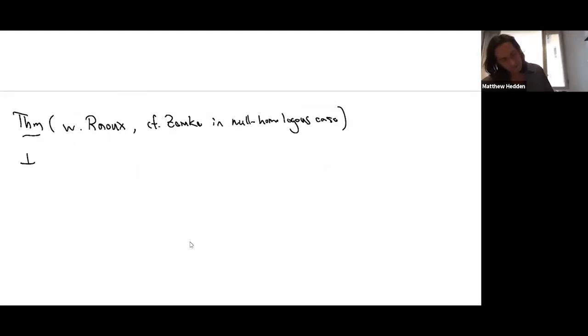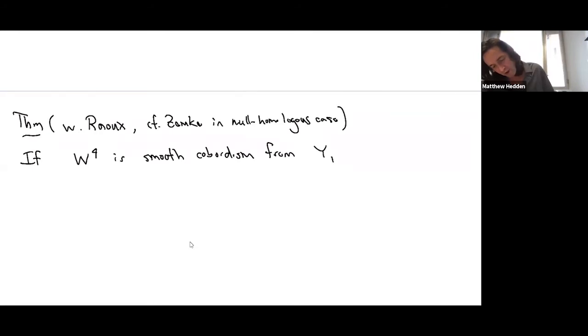And so the theorem says that if I have a smooth cobordism between two manifolds, from 3-manifold Y1 to Y2.